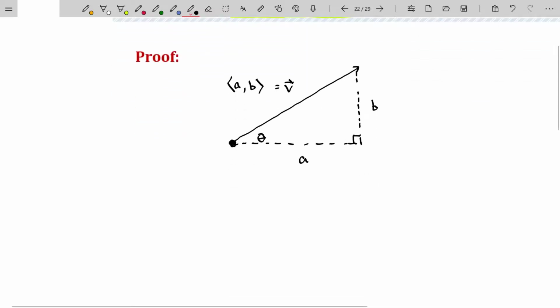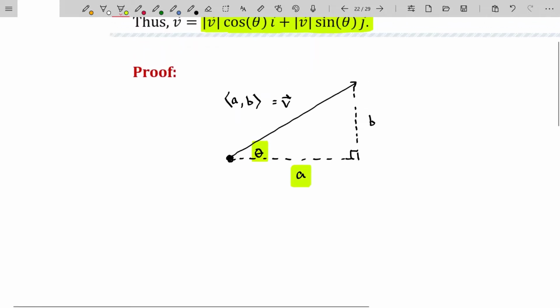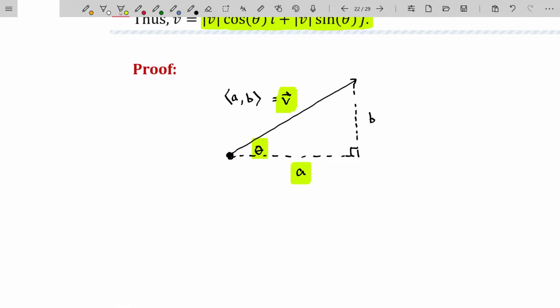Well, if somebody said, I don't know what this A is, could we please compute it? I would say, yeah. What trig function relates this angle with that side A with the hypotenuse? Now you may say, I don't have the length of that hypotenuse. That hypotenuse is not the vector v, it's the magnitude of the vector v. And I would say, yep, you're right. But you could still say it's the magnitude of the vector v.